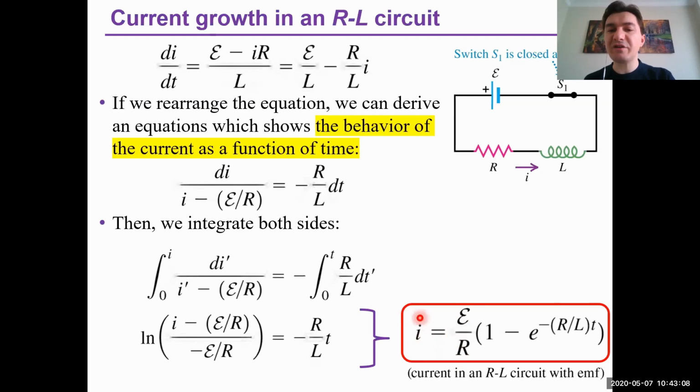The current reaches the maximum value, okay? But between time 0 and a certain time, the current changes by time like this. And again, from that expression, you can understand that the current increases by time.